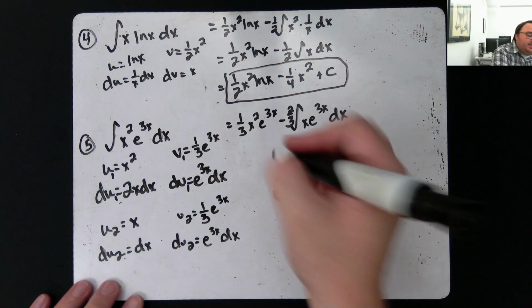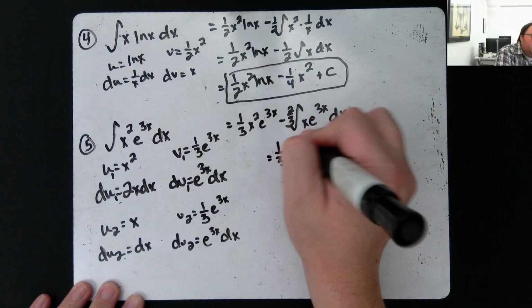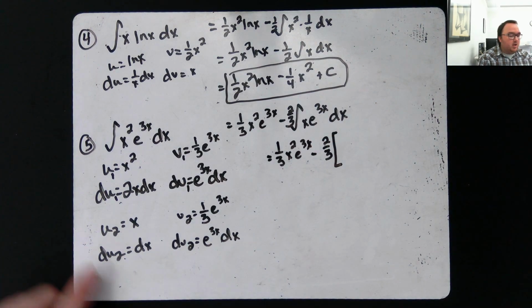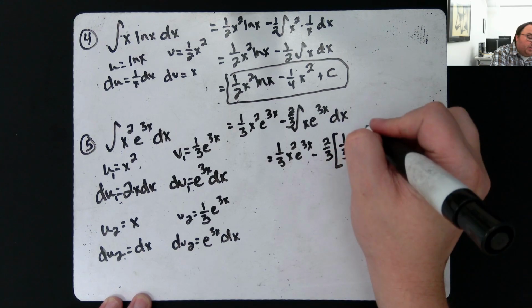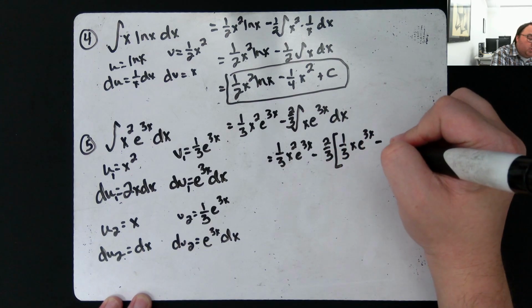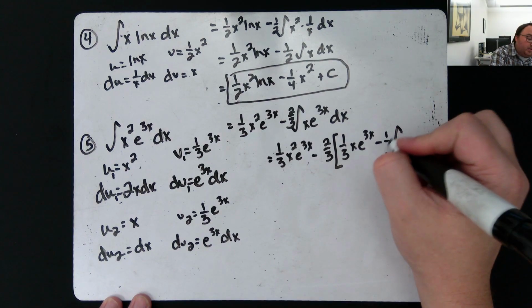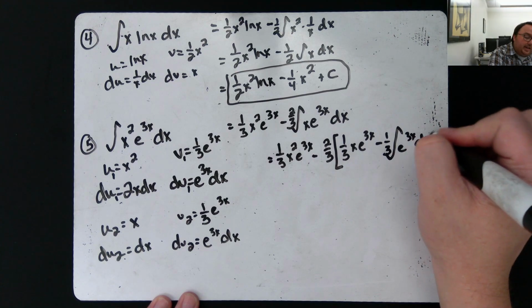So let's do this again. This first term doesn't change. Minus 2/3. This whole thing is now uv, which would give me 1/3 x e to the 3x minus the integral v du. There's a 1/3 out front, so put the 1/3 e to the 3x dx.